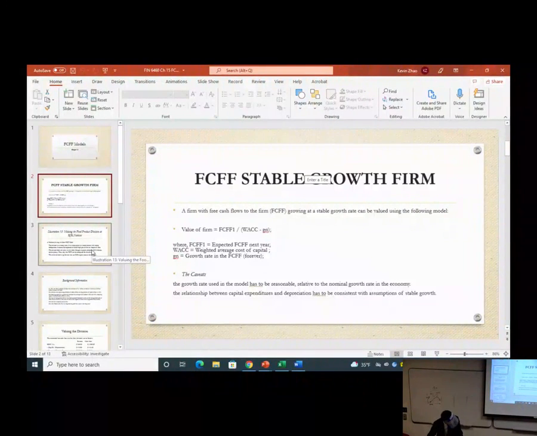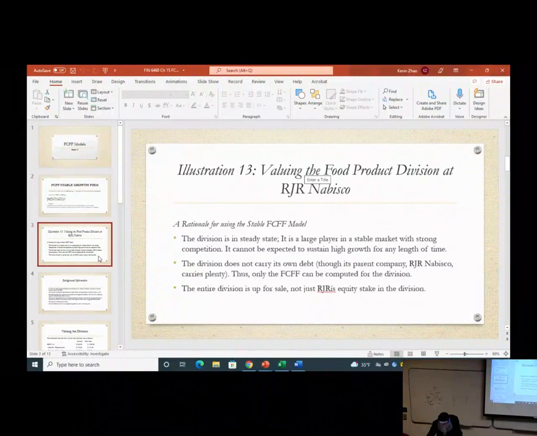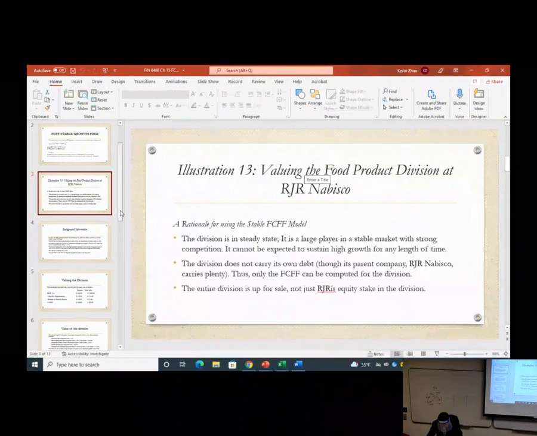And I will demonstrate one example, in chapter 14. This is chapter 15. On how to build up the Excel spreadsheet. Let's go directly into the example. Let's say we are evaluating a food product division in a publicly traded company.